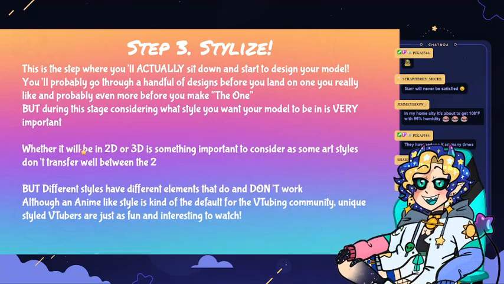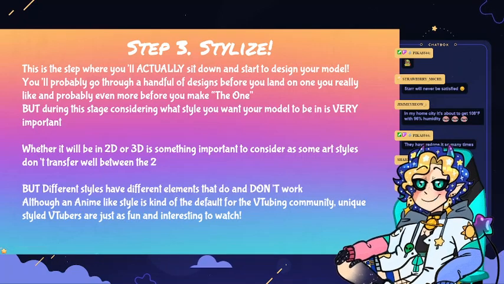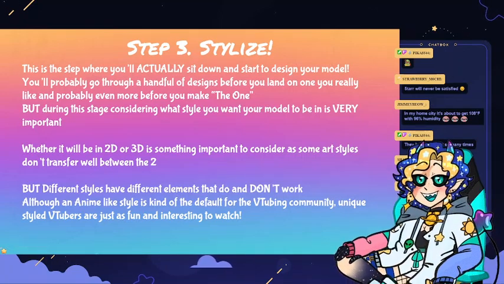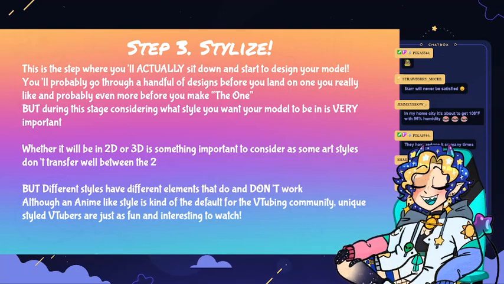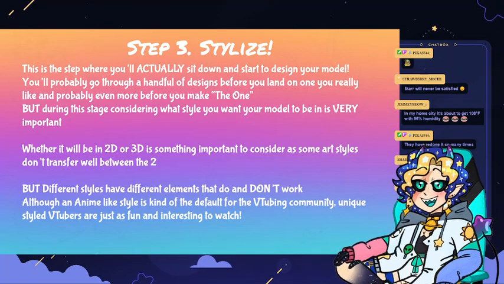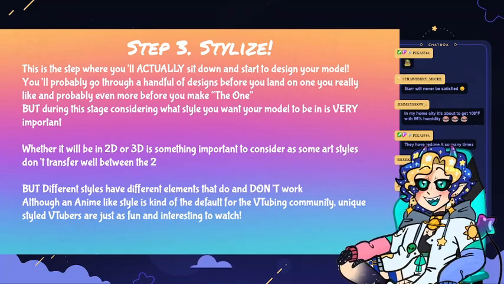But during this stage, you also need to consider, and this is very, very important, when designing your model, a lot of people don't consider what art style it's going to be in. And that can be not a detrimental mistake, but it can definitely change things. So whether your model will be in 2D or 3D is very important to consider, because there's a lot of stylistic pieces of 2D design that just don't transfer over very well to 3D.